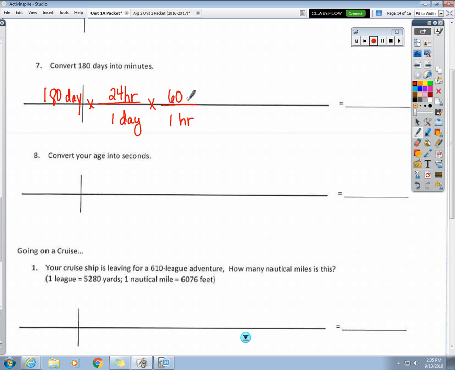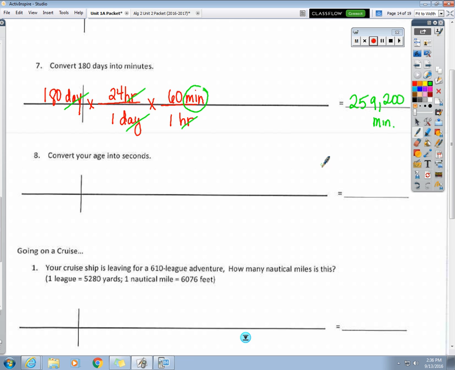So 1 hour is 60 minutes. Okay, so we're where we want to be. We're at minutes. So cross out days, days, hours, hours. The denominator is just going to be 1, so we don't have to worry about it. What do you get when you multiply those 3 numerators together? 259,200. And that is minutes.